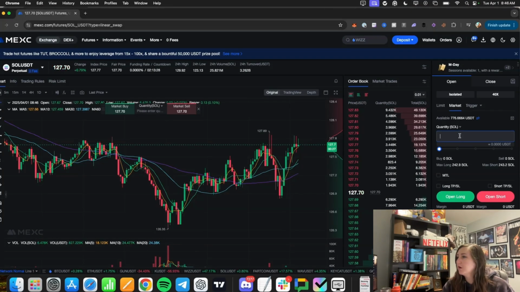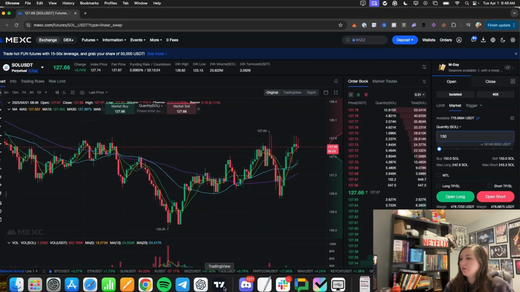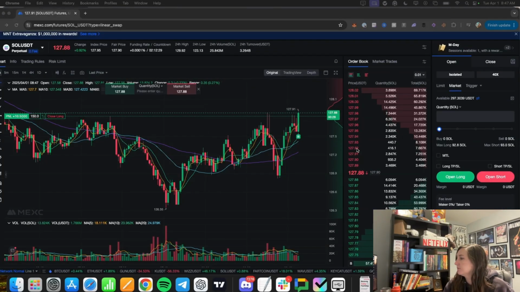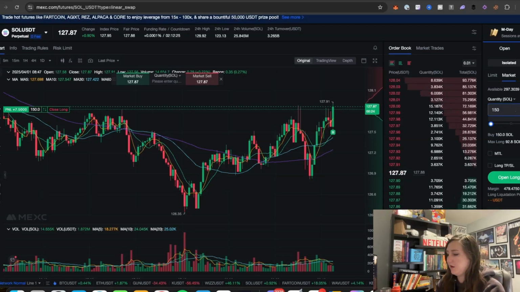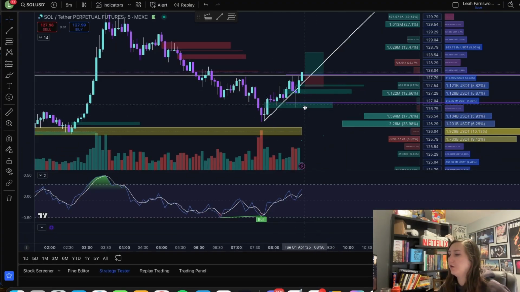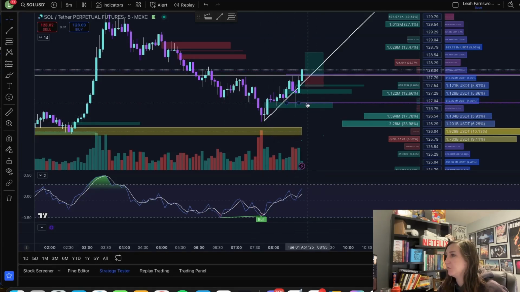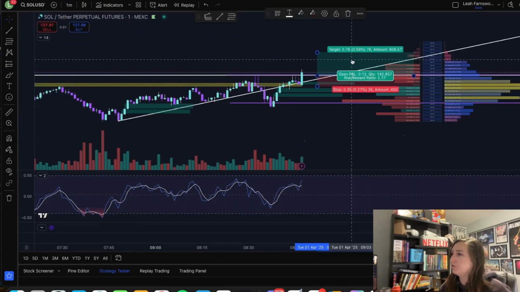I'll just mark it in here, which is kind of risky, but we will see. So I just went ahead and marked it in on this trade at 150 just because it looks like we're getting a big bullish candle here towards the upside. It was a little risky because we are at the previous day high. So I'm just going to go and look and see where my take profit level should be.